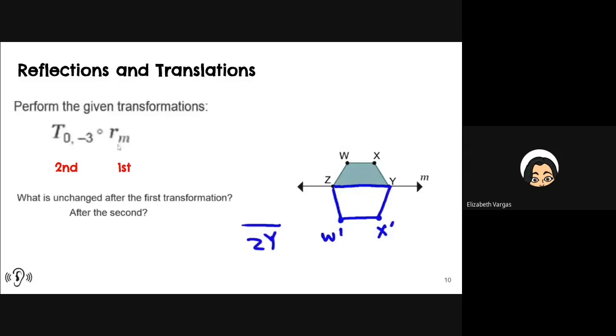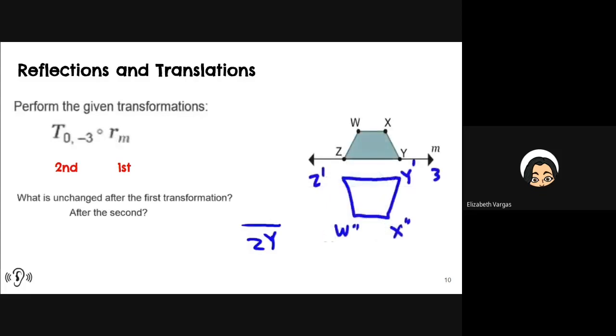After we complete that first transformation, the reflection across line M, we can do the next transformation, which is to move vertically -3, so 3 units down. And so we move 3 units down, and here we have our resulting image after those two transformations.